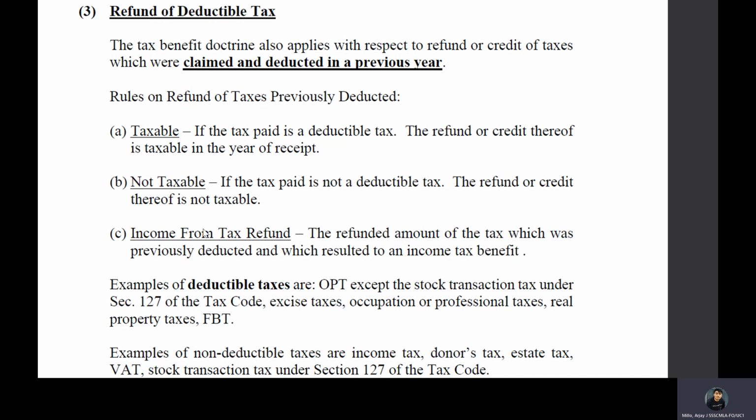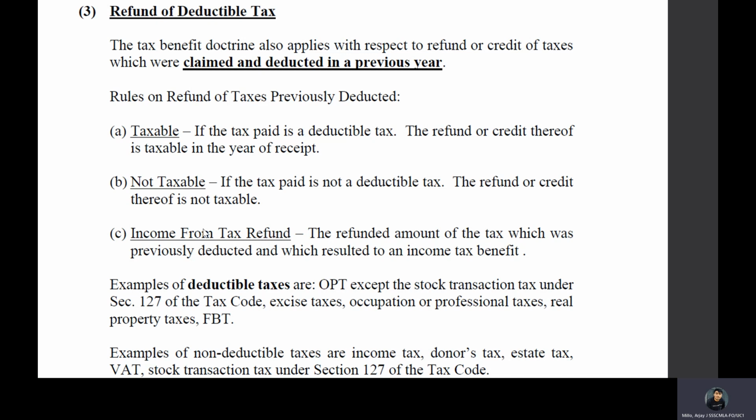So taxable siya if the tax paid is a deductible tax. So yung refund niya is taxable in the year of receipt. Hindi taxable kapag of course hindi naman deductible yung tax. Wala ka din naman na claim na benefit before. So income from tax refund, the refunded amount of tax which previously deducted and which resulted to an income tax benefit.